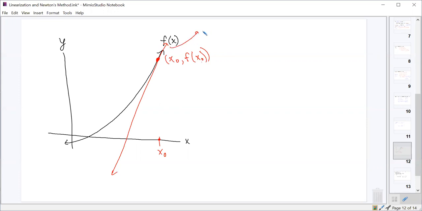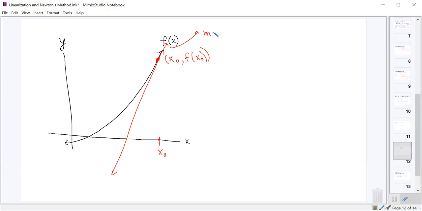No. What's the slope of a tangent line to any function? It's the derivative, right? What's the derivative of f of x? f prime of x, right?